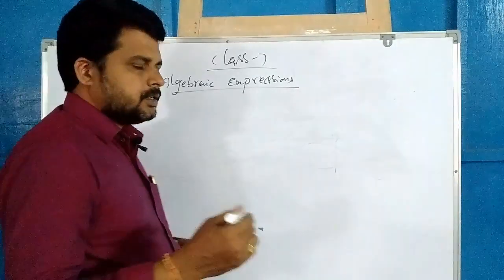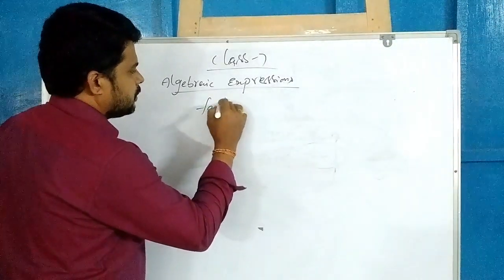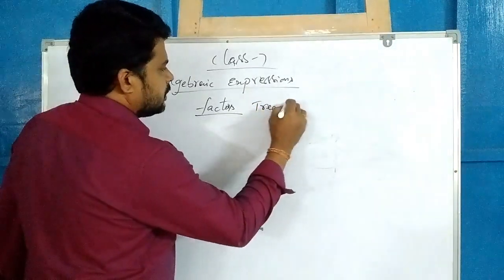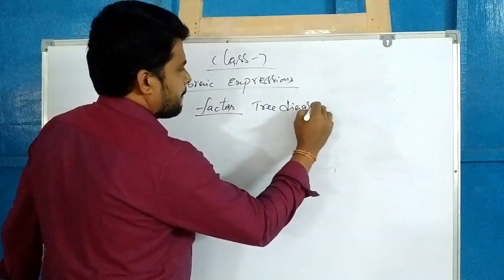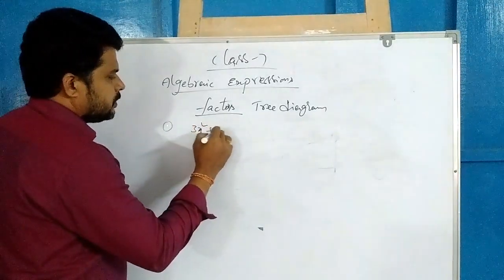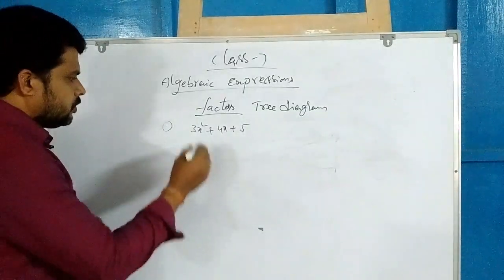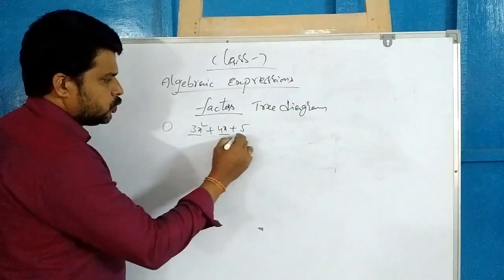Our next topic is factors, factors with a tree diagram. We take it as 3x square plus 4x plus 5. This is an algebraic expression. How many terms do we have? 1, 2, 3.